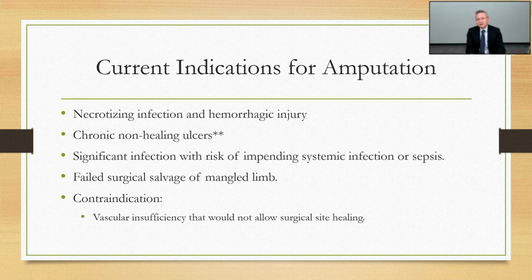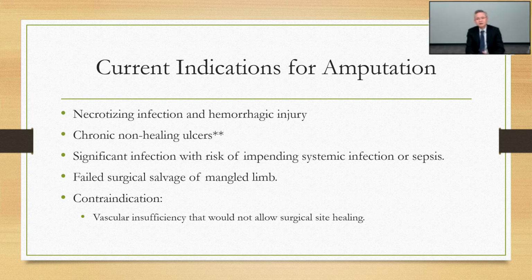Now, look at item number 5. The only contraindication for amputation is vascular insufficiency. And why? If you don't have enough blood supply to the surgical site, then that surgical site will also not heal. So if you have deficient blood supply, then that is a contraindication for amputation.